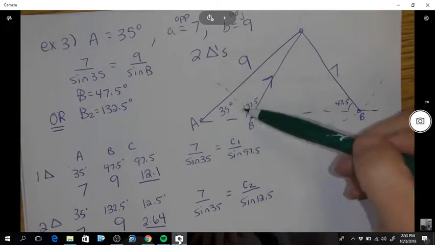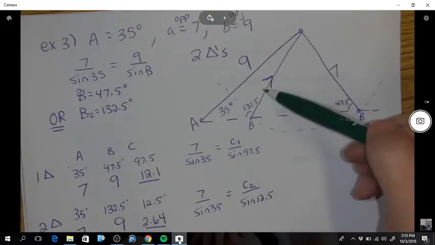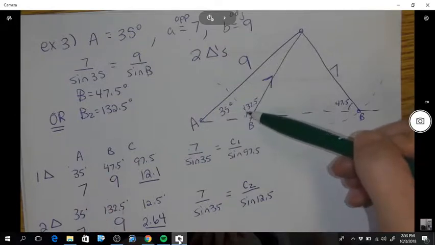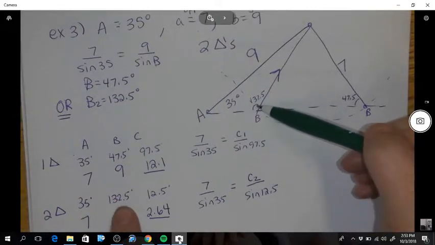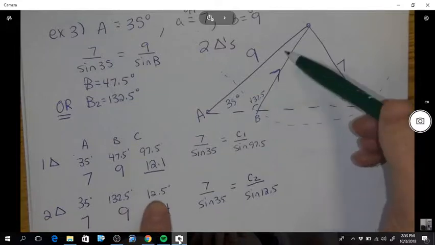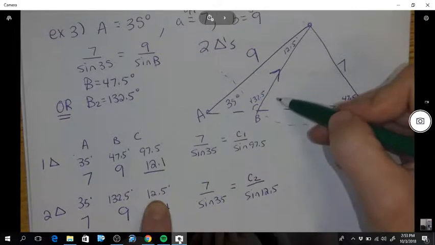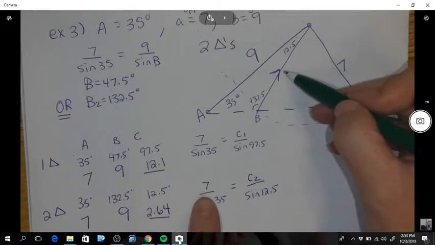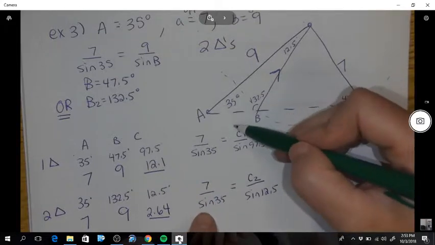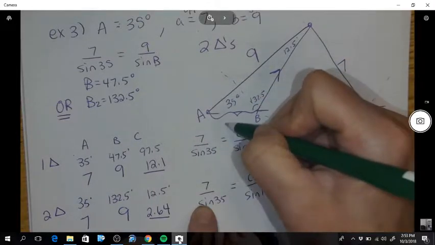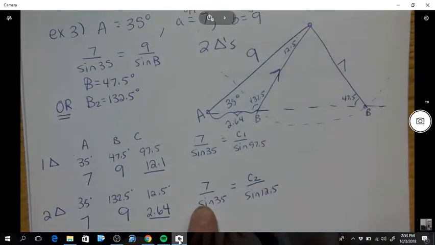In the obtuse triangle, we have 35 down here, 132.5, and then the third angle is 12.5. You see that triangle? Then when we did the sine ratio, 7 over sine 35 is equal to this over sine 12.5, we got 2.64.